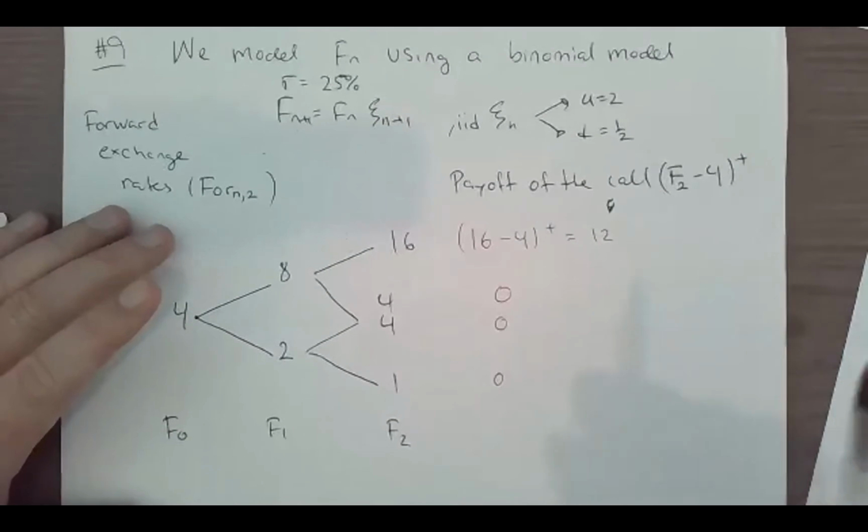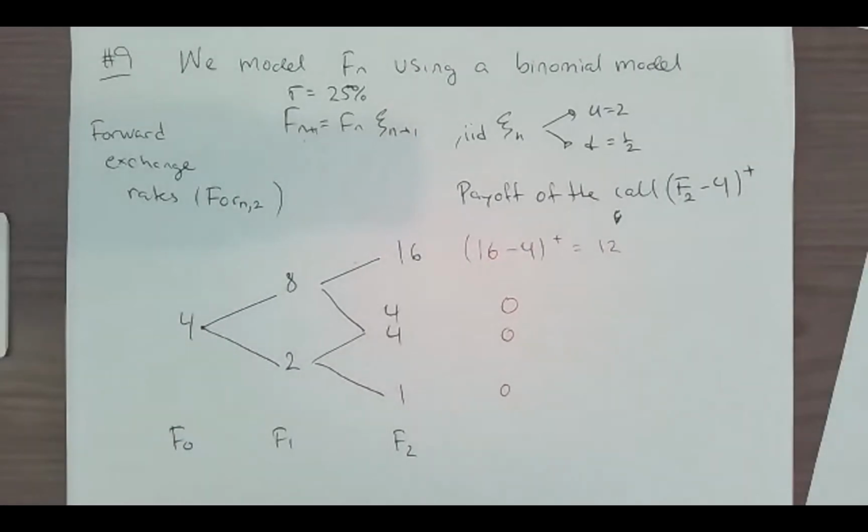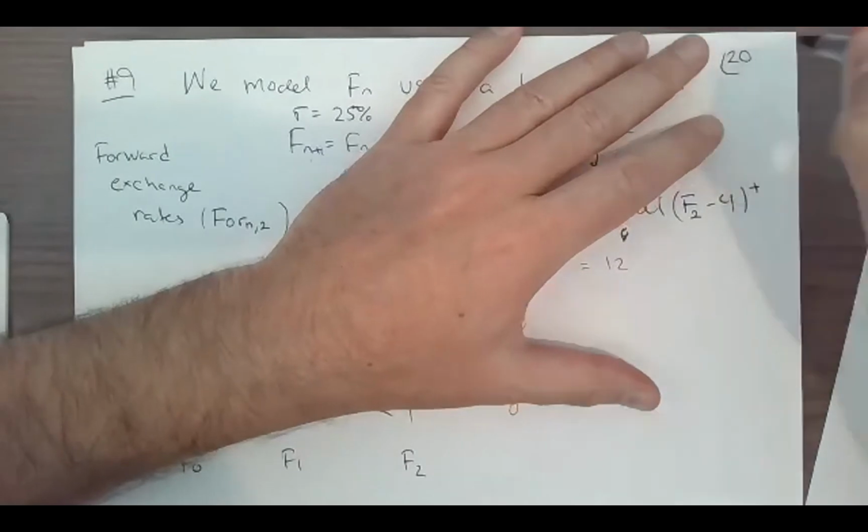So again, we go back to the material that we have been through. We know that for the forward rates, there's a martingale structure in there.